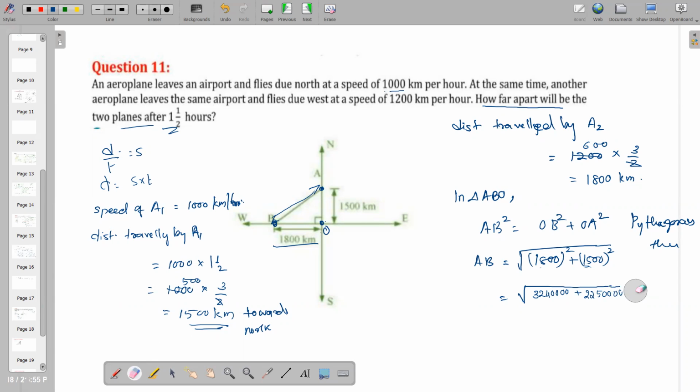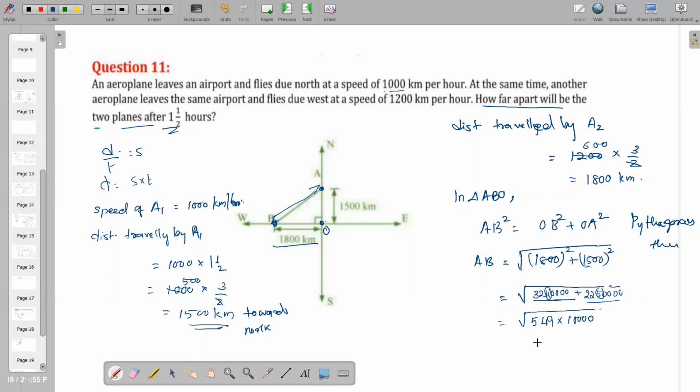If we add both of these under the root, what do we get? 324 plus 225 gives 549. I write 10,000 here and 10,000 there, so we can take 10,000 common.